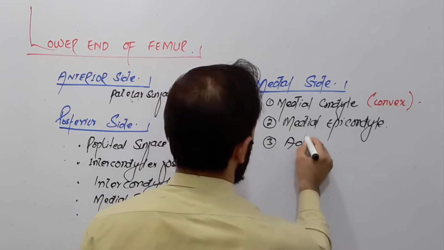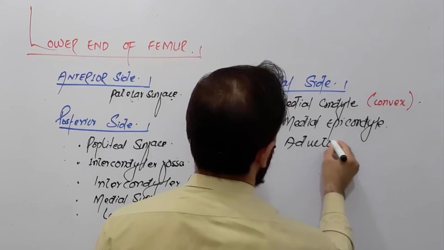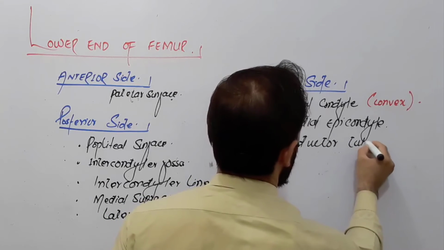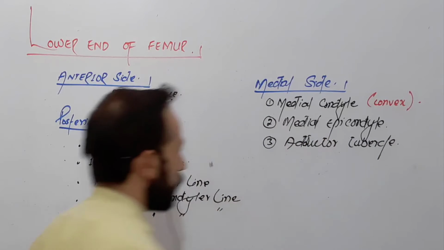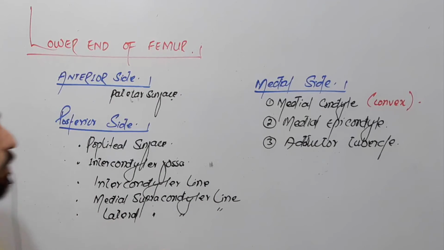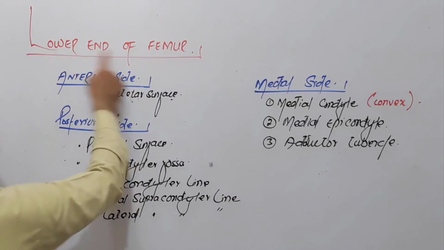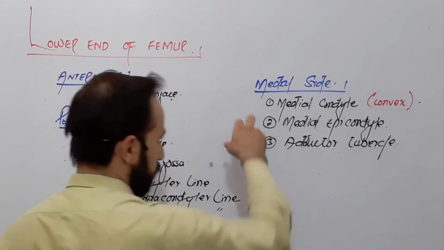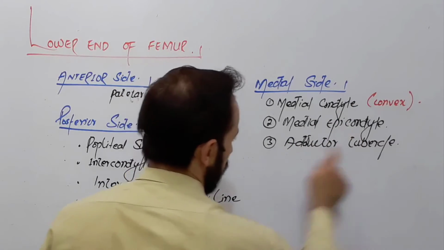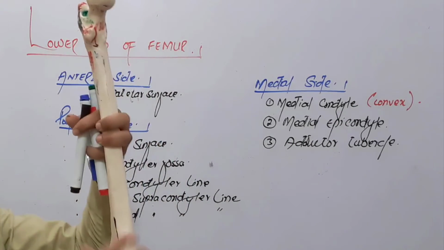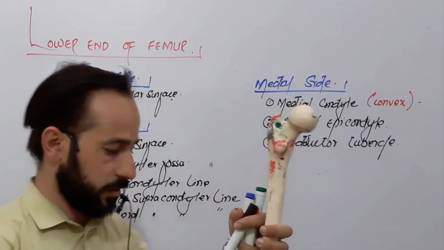The third important point, adductor tubercle. Done, friends. So the medial side of the lower end of the femur has these three important landmarks. What are those? Medial condyle, medial epicondyle, and adductor tubercle. I will show you in the video in the next lecture, right?